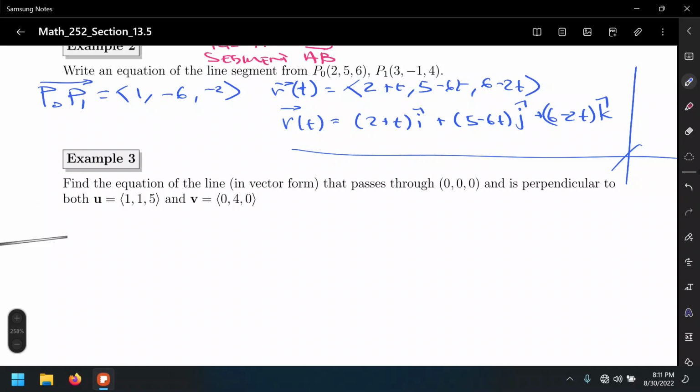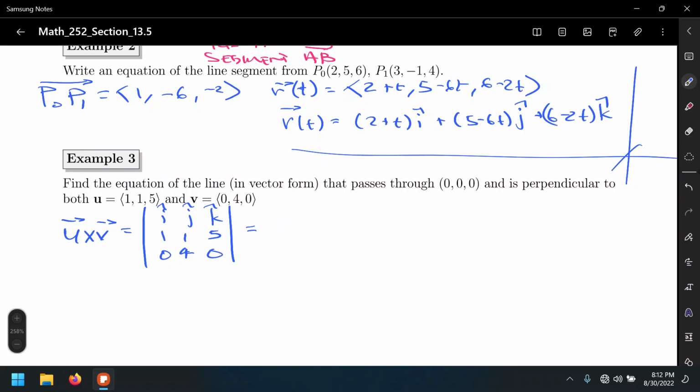First, find the cross product, u cross v. And that's i, j, k, 1, 1, 5, 0, 4, 0. I'll give you the result of this vector.